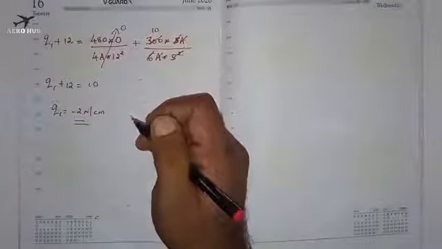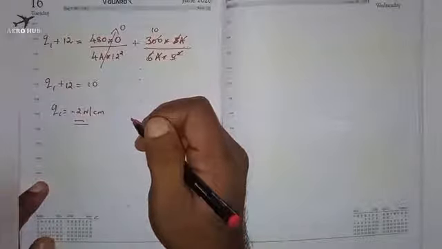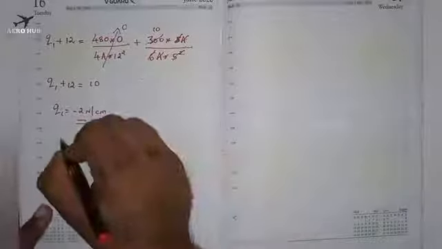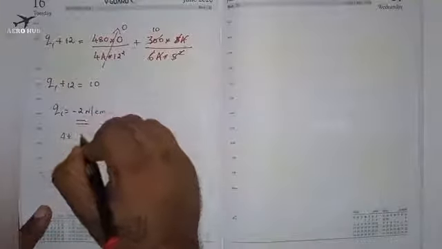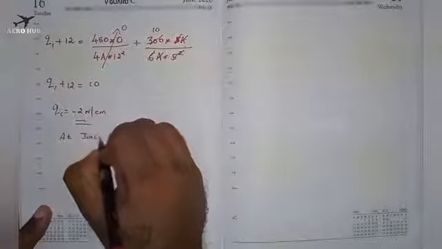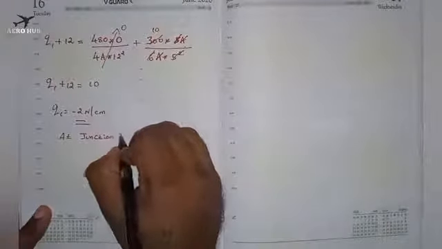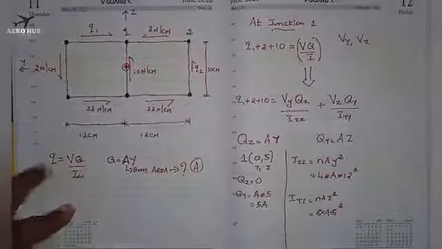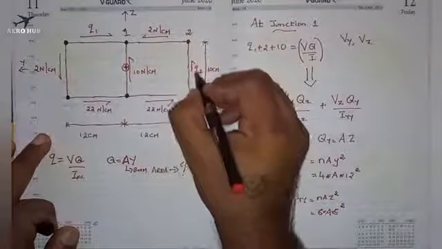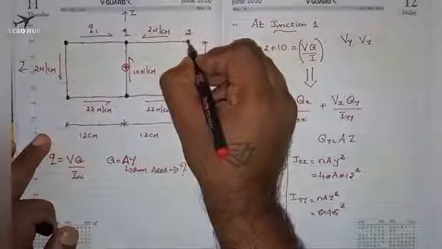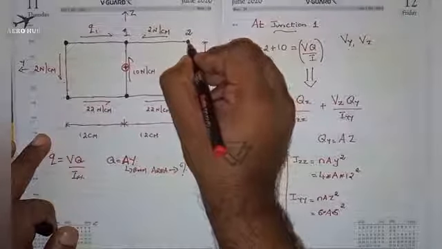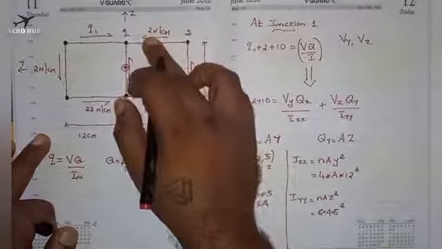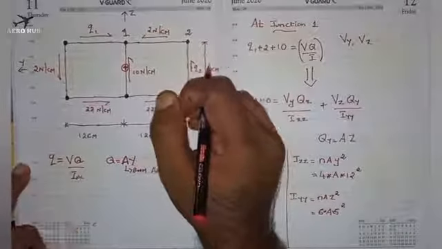Similarly, we have to find the value for q2. Looking back at junction 2, q2 is coming towards junction 2, and the 2 Newton per centimeter shear flow is going away from the junction.